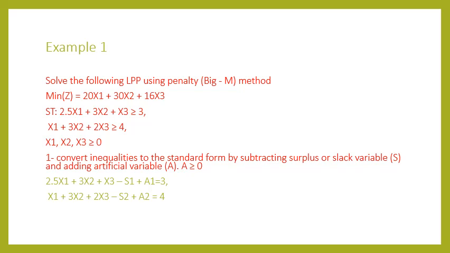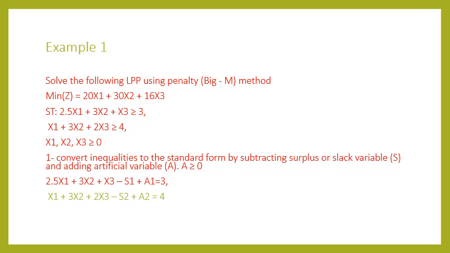Now the new constraints will take the following shapes: 2.5x1 plus 3x2 plus x3 minus s1, s1 is the slack variable, plus a1, the first artificial variable, equals 3.